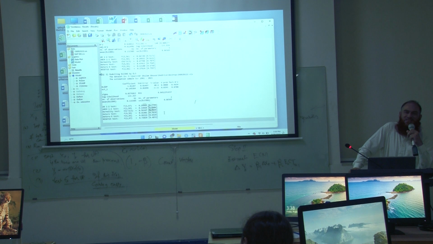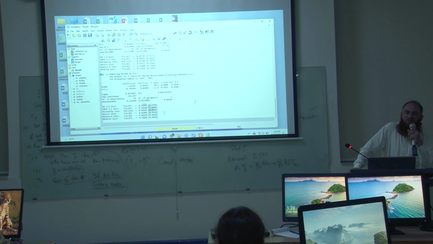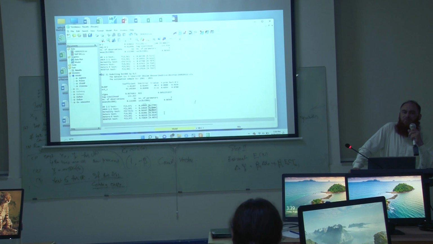I have explained this. This basically says if you have a long run relationship and there is a deviation from the long run path, this coefficient will drive the relationship and bring the series back to the long run path. If you are above the path, next time this will compel you to a lower level so that you can come back to the long run path.